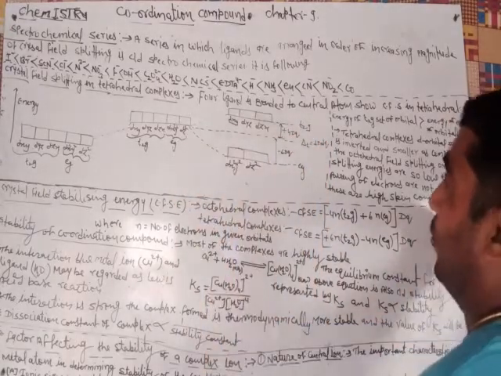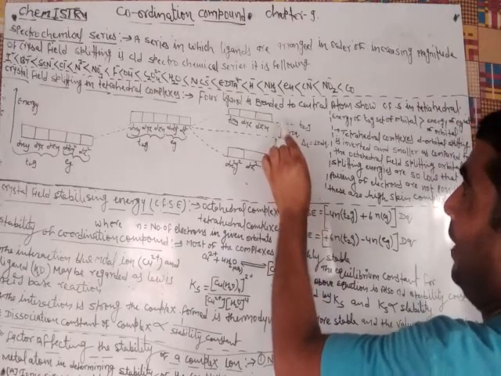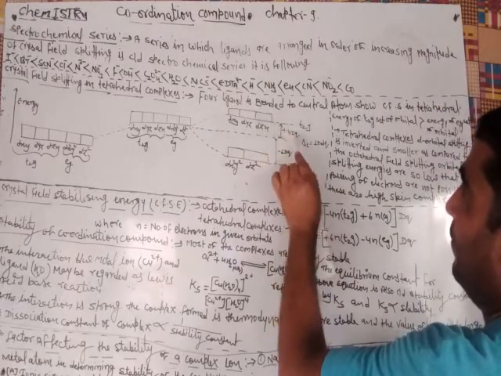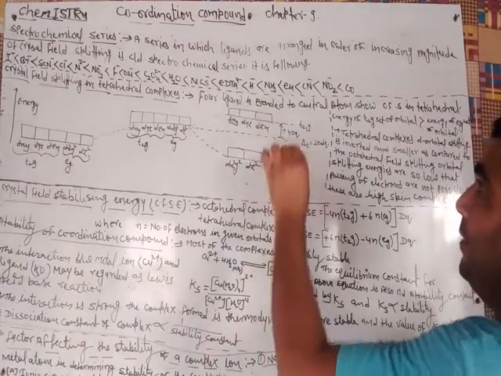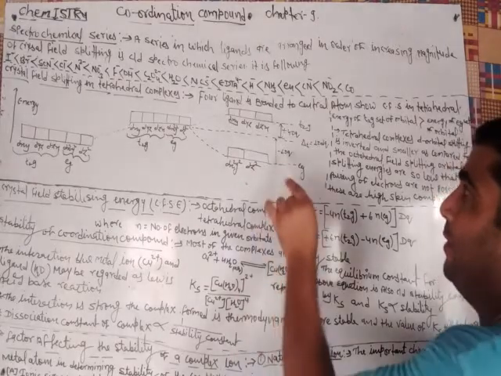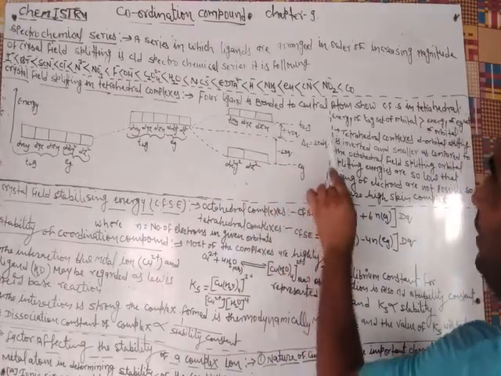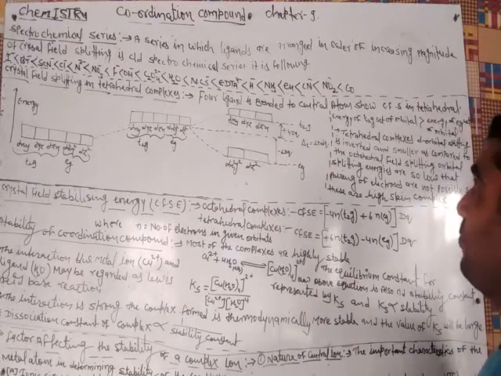In the splitting process, the higher energy level is +4 Dq relative to the grounded state level, and the lower energy level is -6 Dq. Total energy gap is 10 Dq.